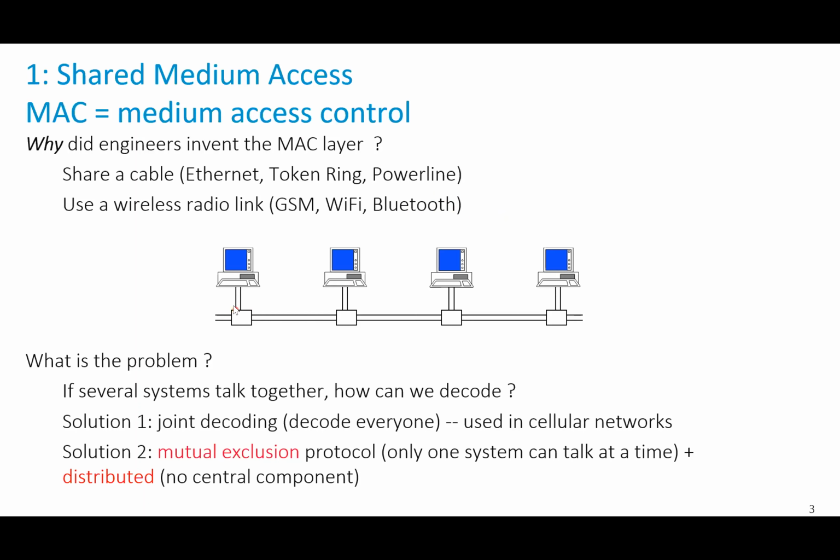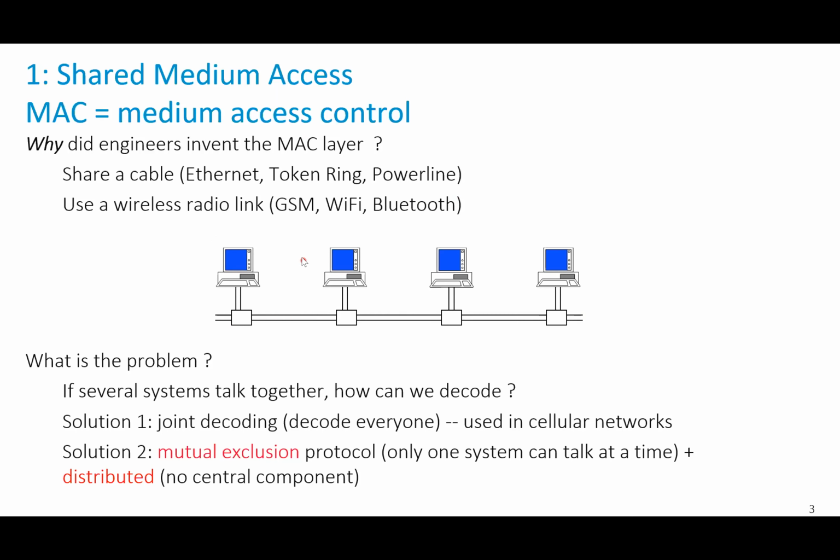If you use power line communication to distribute the internet into your house, which is typically what you do when you have problems with the penetration of Wi-Fi because you want to go from one floor to the next and it doesn't go well through thick concrete floors, then you use the electric cable as a medium, and then you share it. You connect to the electric socket, and then multiple devices can go here. So this is the environment.